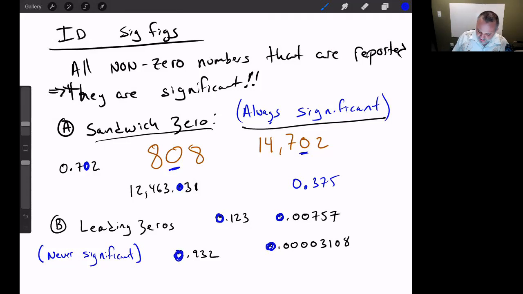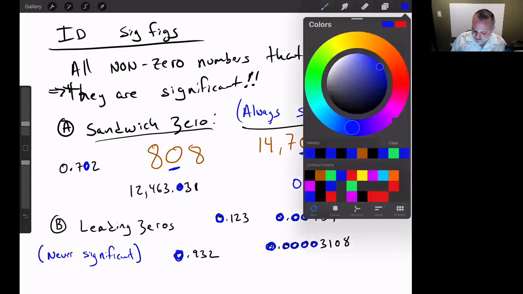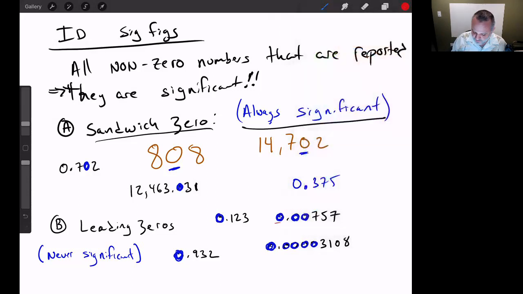But what about these guys? Well, these zeros are still considered to be leading because they appear before you get to any non-zero number. So it doesn't matter whether it's before the decimal place or after the decimal place, as long as it appears before any non-zero number, then it is not significant.